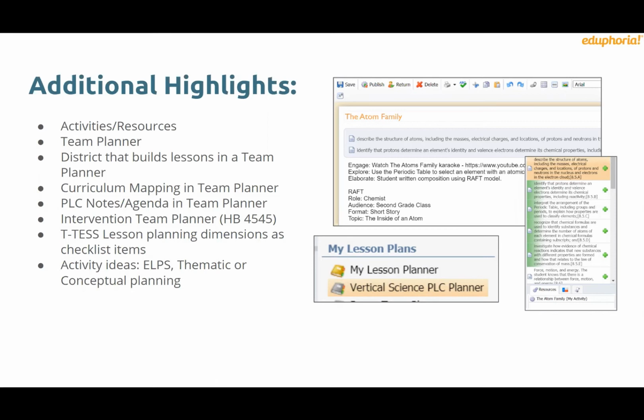This one is related to some of the checklist items. I've worked with districts in the past that do add some of those T-TESS lesson planning dimensions as checklist items. So we showed that in a previous screen where you could have some of those writing concepts that you check off for your lesson planner. Well, the same goes for T-TESS.